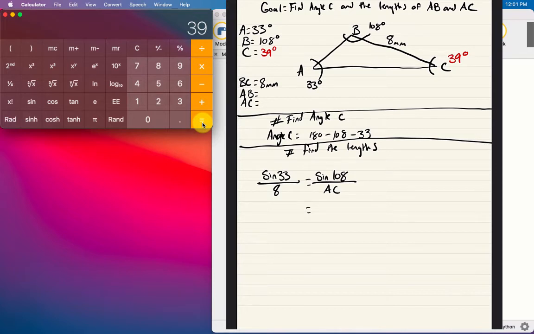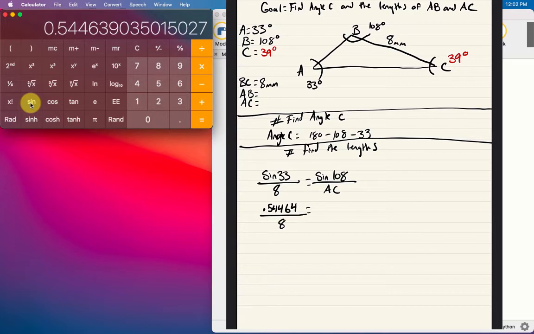So let's figure out the sine of 33. Right now I'm in degrees on my calculator, and we'll type in 33 sine, and I get 0.5446, and I'll round it there, over 8.